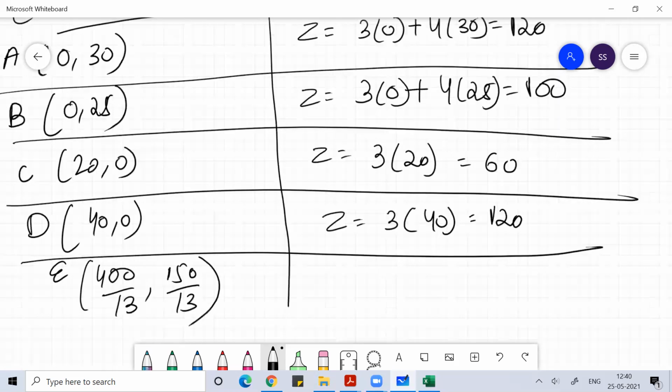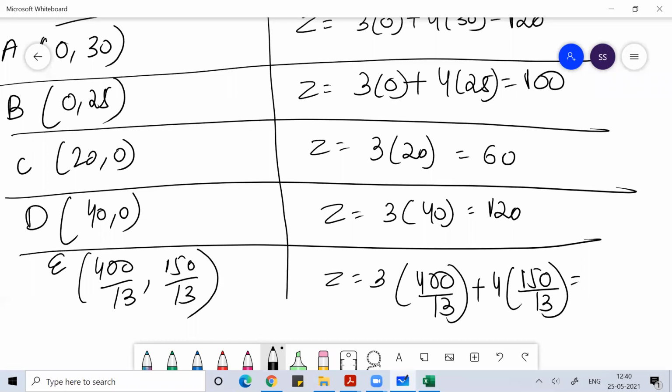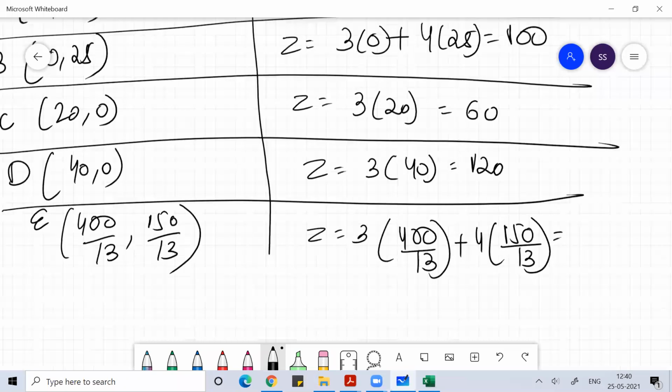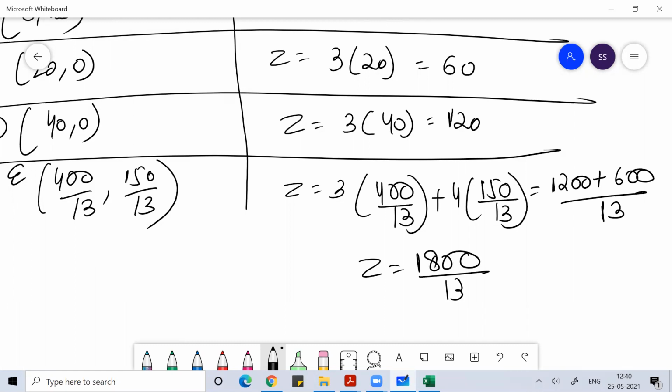Now z is equal to 3 into 400 by 13 plus 4 into 150 by 13, so this is 1200 plus 600 by 13. The z value you're getting is 1800 by 13.